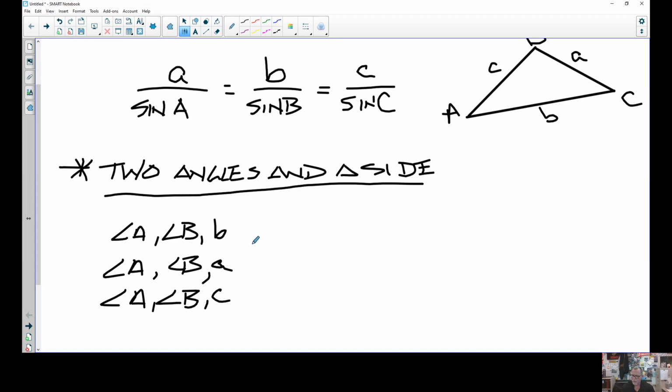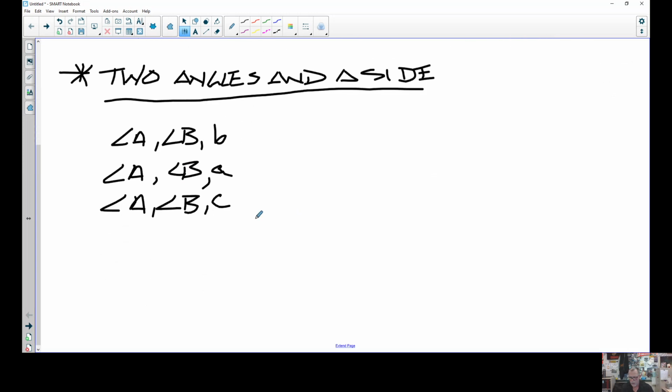So let's look at an example for this. I think it's going to be easier to see once we get into it. For example, if I gave you, let's say, solve this triangle.